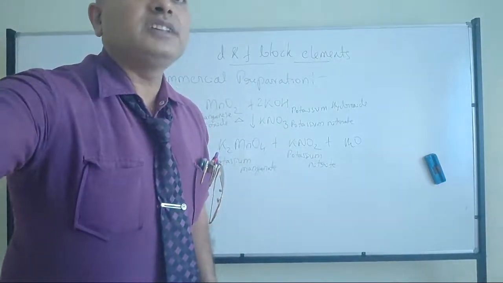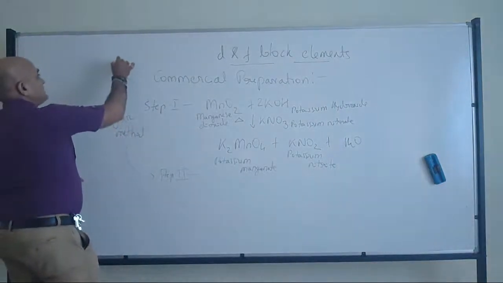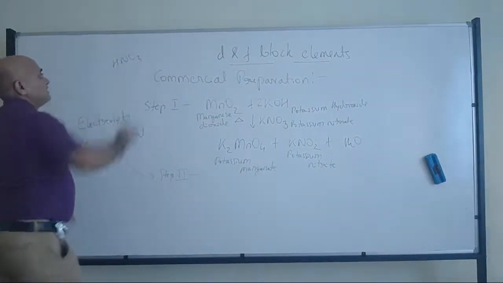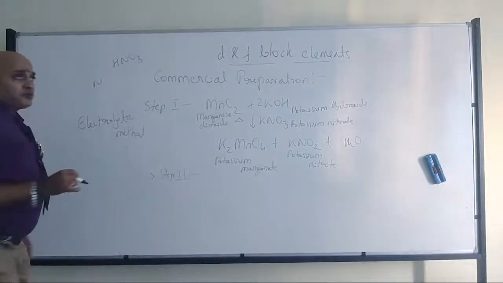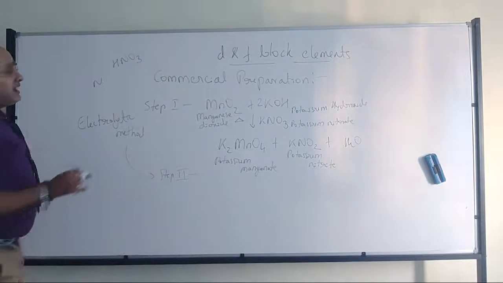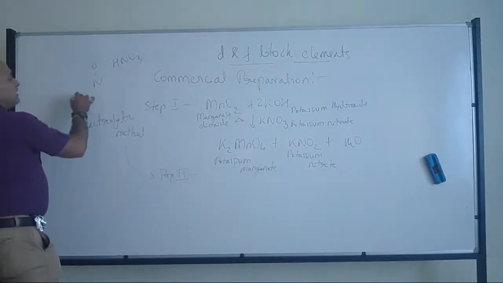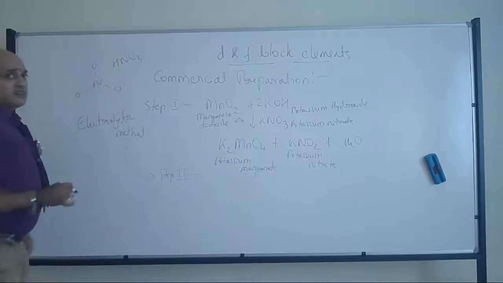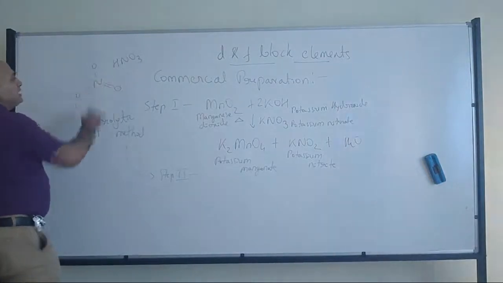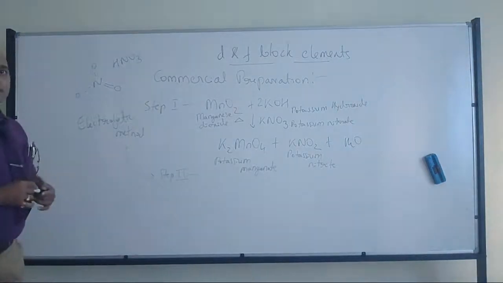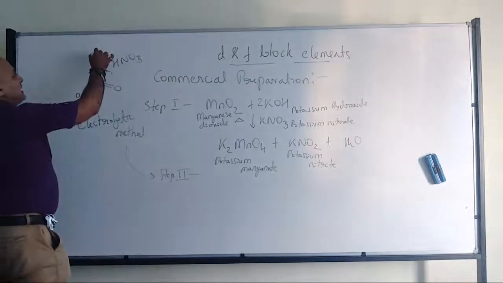Like hydrogen nitrate, we have nitric acid, right? HNO3, where nitrogen belongs to group 15. So 5 valence electrons. How many oxygens are there? There are 3 oxygens, right? Among those, 2 can make bonds like this, a double bond, and one will have a negative charge.